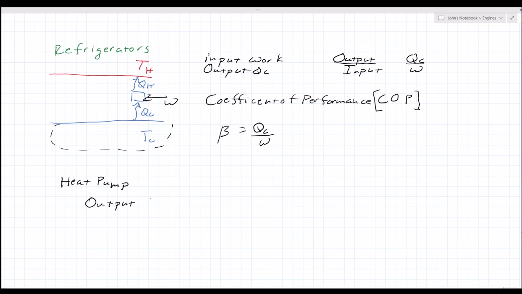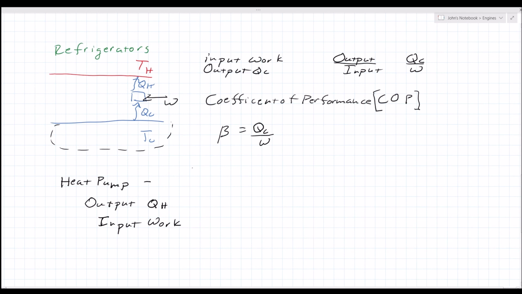So that would be QH this time. But our input is still work. Remember, with a heat pump, you're pumping heat into the hotter system. That is what you want to do. With a refrigerator, you want to remove heat from the colder system. Even though they have the same drawing, they're used for two different reasons.